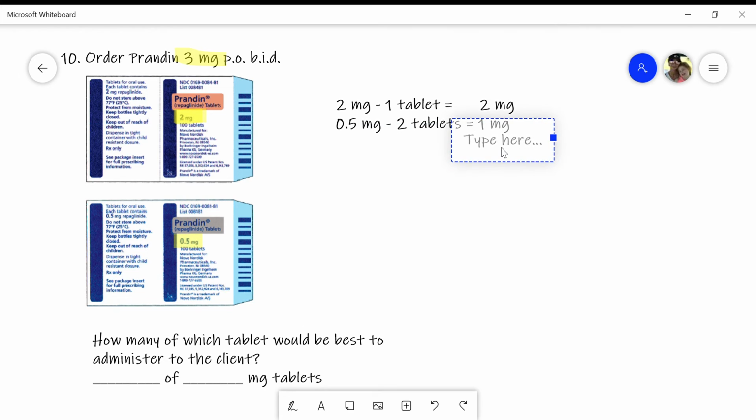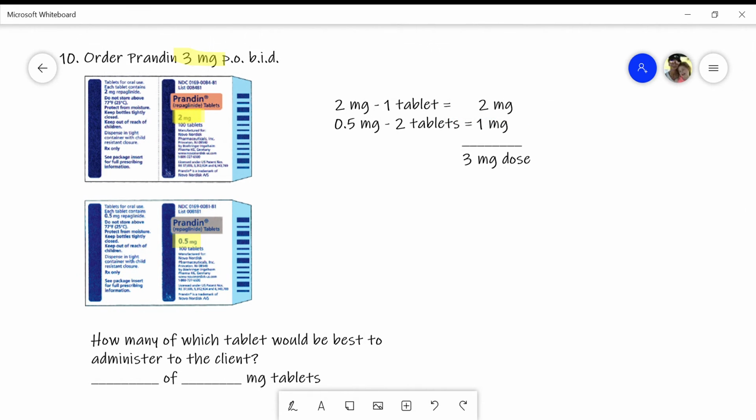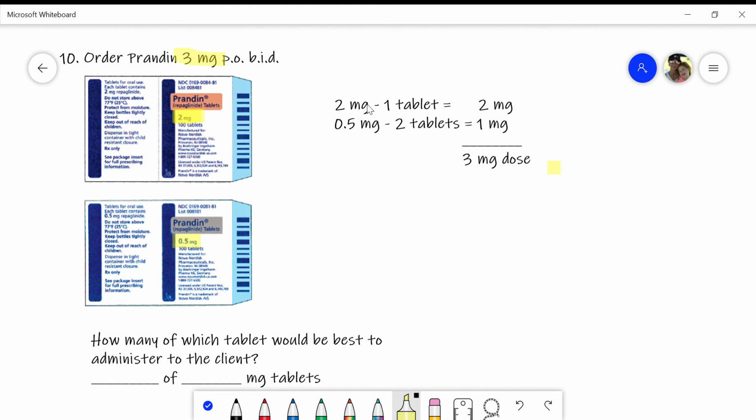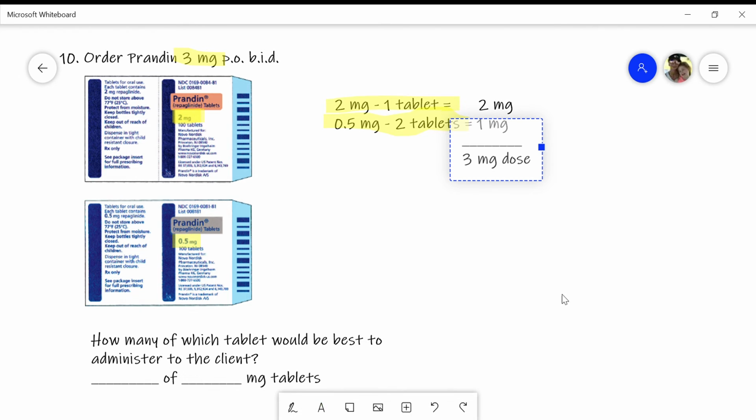And so that gives you a 3 milligram dose. Let me just highlight this real quick. All right.